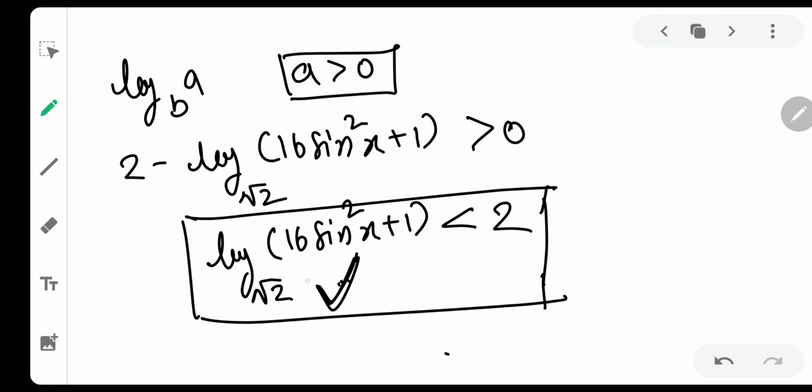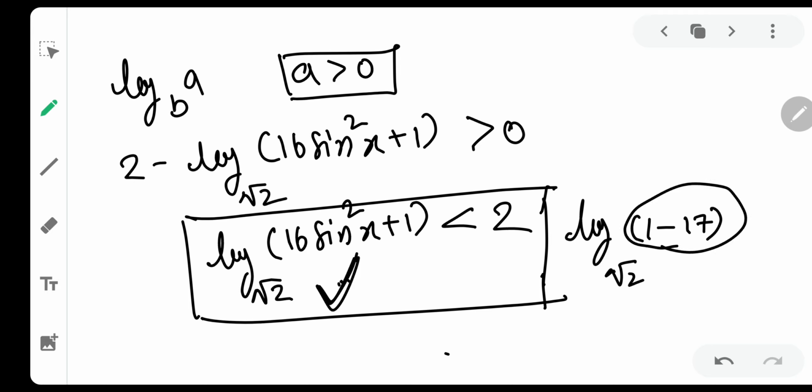Okay, now the basic part of log of 16 sin²x + 1 to the base root 2. This will be root 2 and over here we will have something from 1 to 17. Now the first thing you need to understand is that this has to be lesser than 2. Now for this to be lesser than 2, this particular 1 to 17 can't be taken completely.